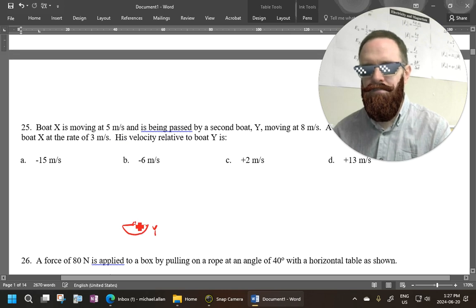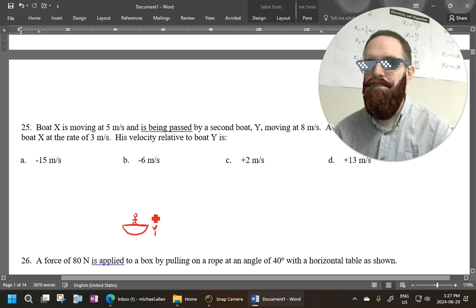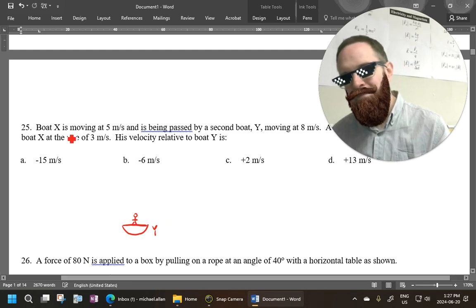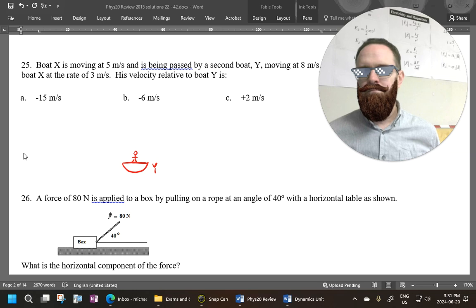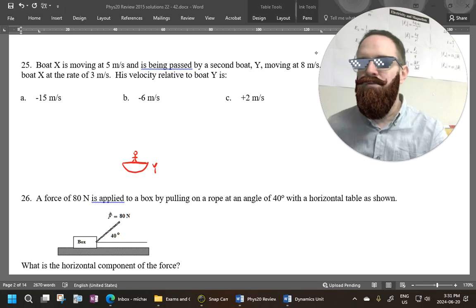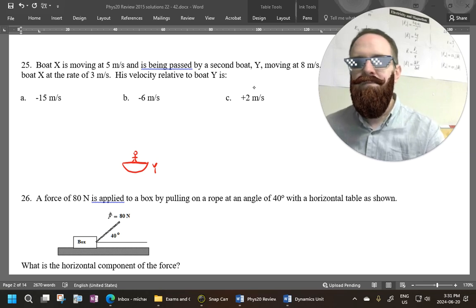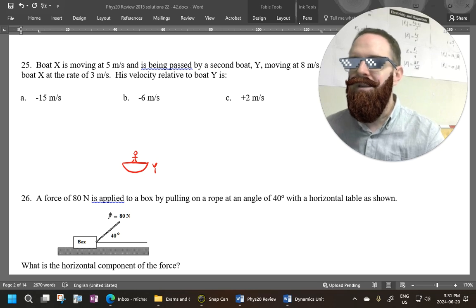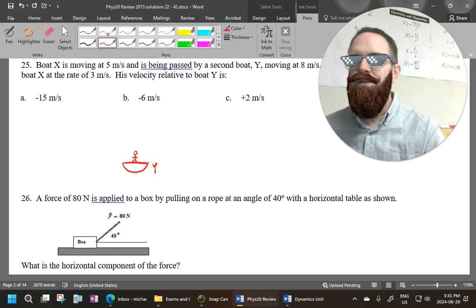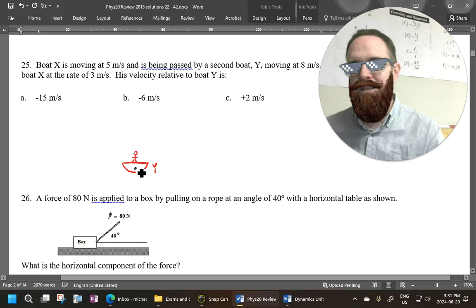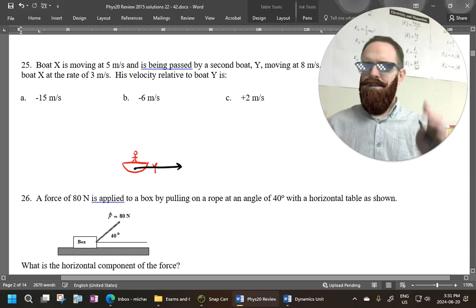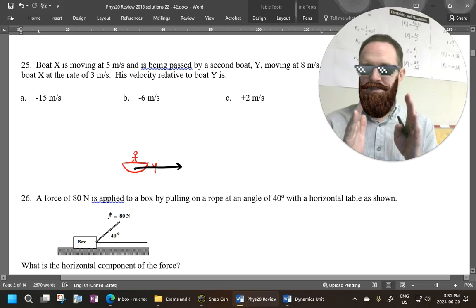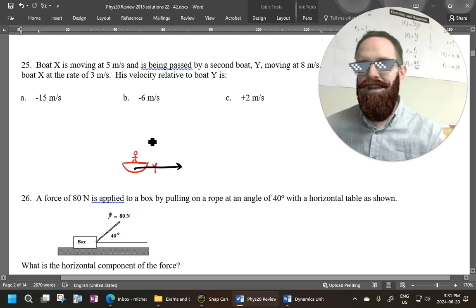So you're just standing here on boat Y. Boat Y is moving at 8 meters per second. So how these relative motion questions work, which are not going to be on an exam, but are kind of fun and interesting: if this is moving 8 meters per second, and he was just imagining himself standing still and he was passing by someone that was moving, boat X here.